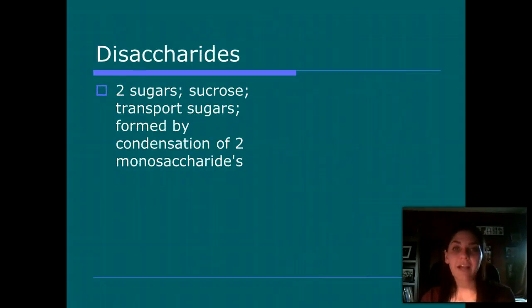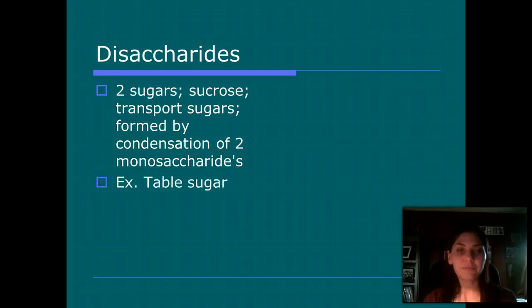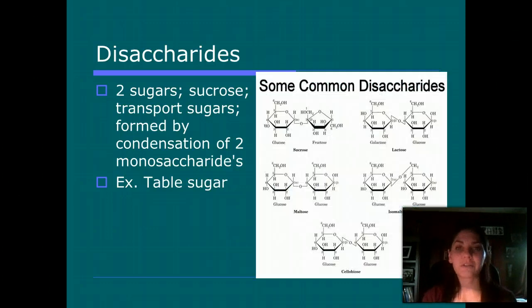Moving on to disaccharides, di means two, and saccharides means what? Sugars. So two sugars. For example, sucrose transports sugars formed by the condensation of two monosaccharides. An example of that would be the table sugar that we eat. So all those sugar packets you put in cereal or coffee or cupcakes, those are disaccharide sugars.